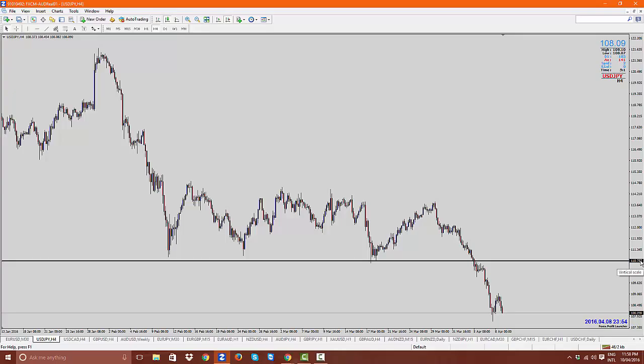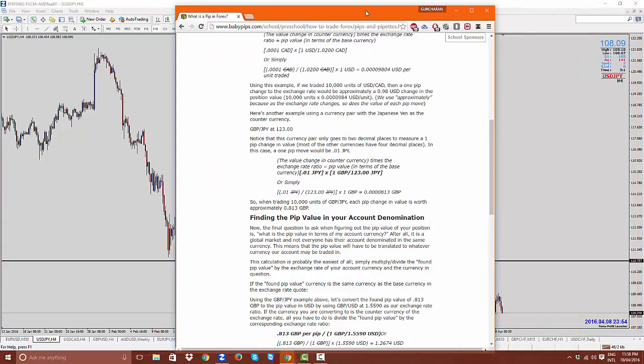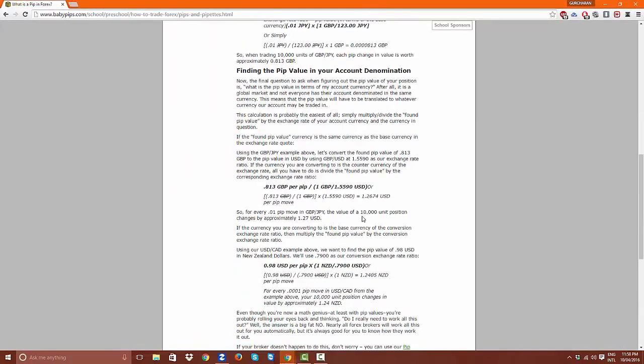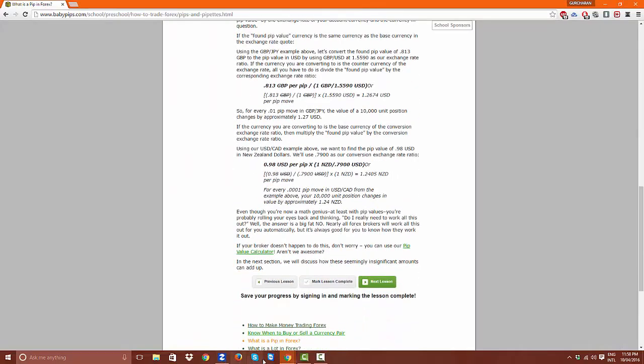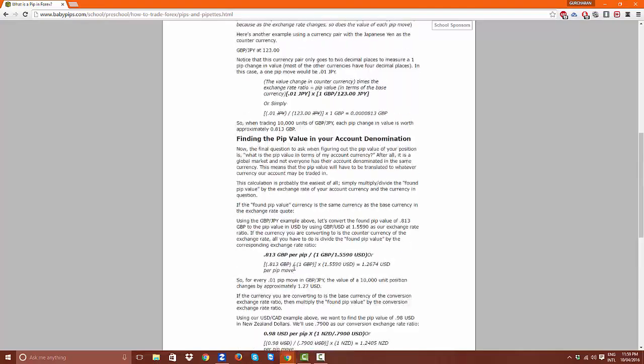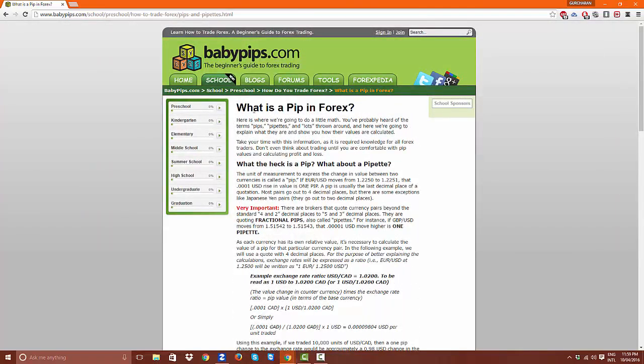So the pips are completely different, but honestly, it doesn't really matter if you have a good idea of how your lots are affecting your money according to the pips. You'll get a good idea of how all this works out, so I suggest you read all this.